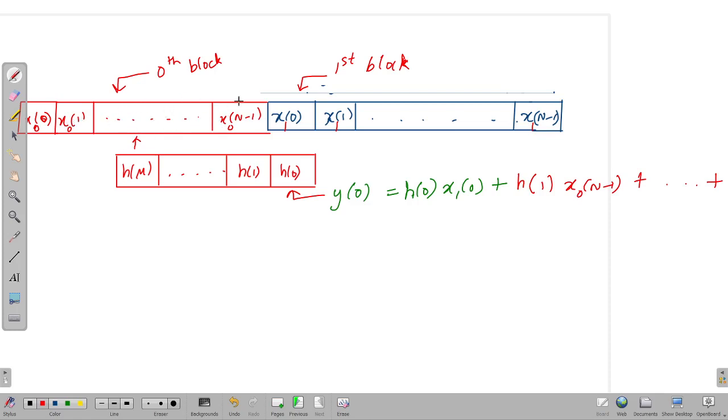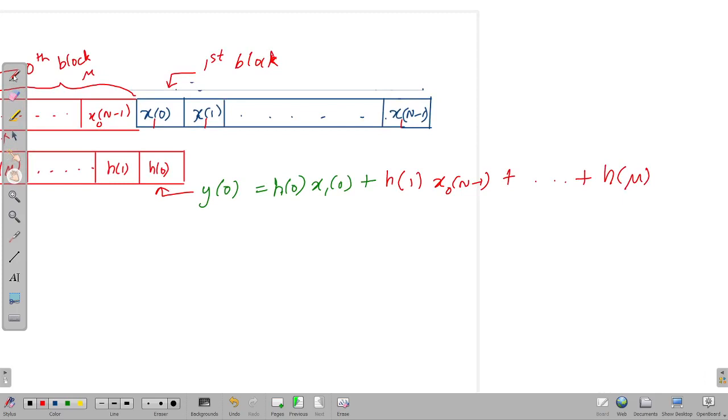So x naught will have mu number of symbols, which means this convolution happens up to h of n minus mu.